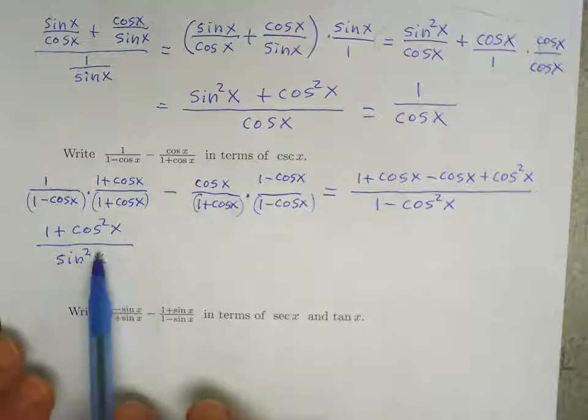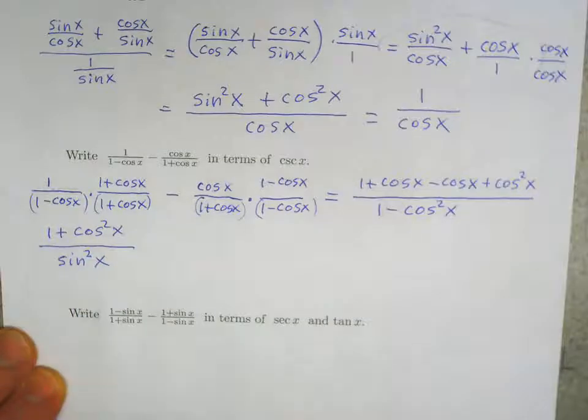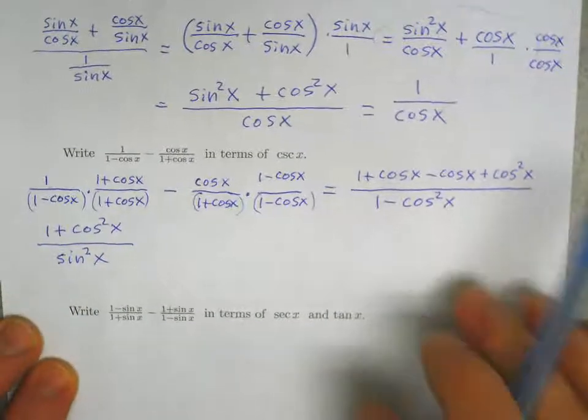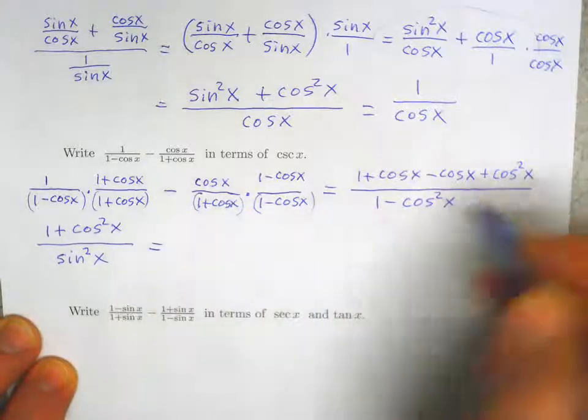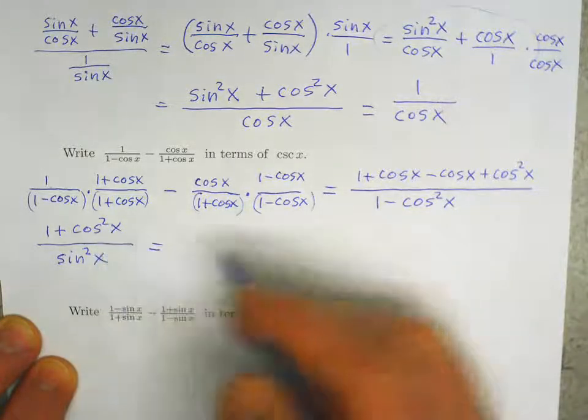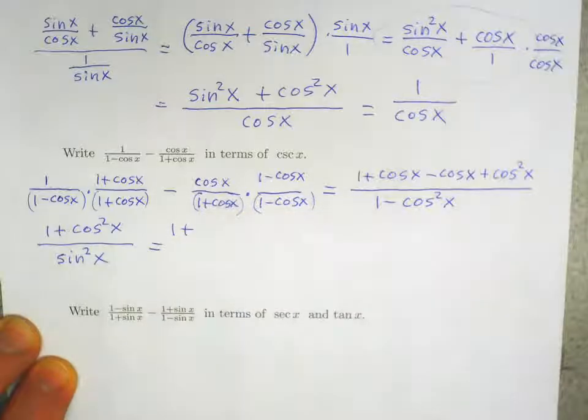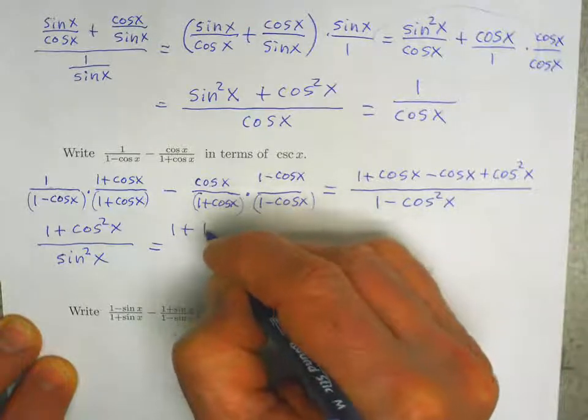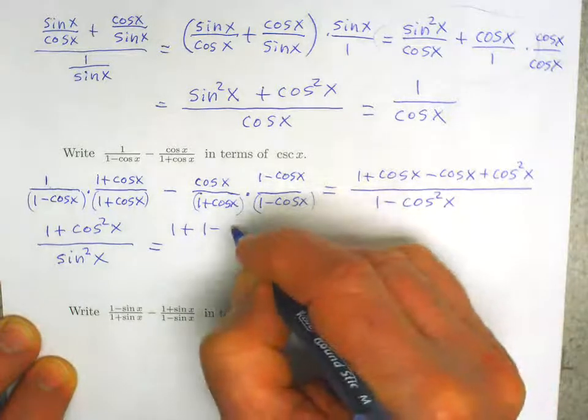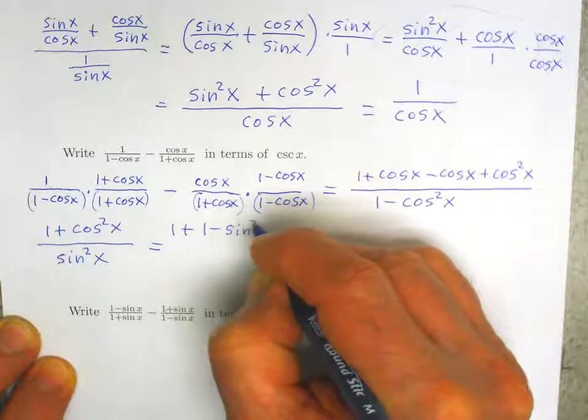But we have cosine of x squared. We can replace cosine of x squared with 1 minus sine of x squared.